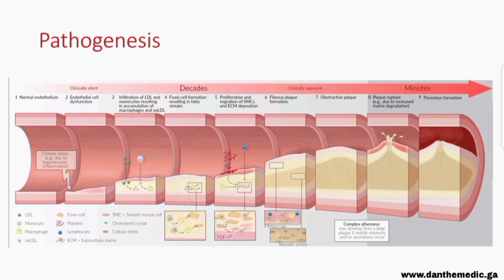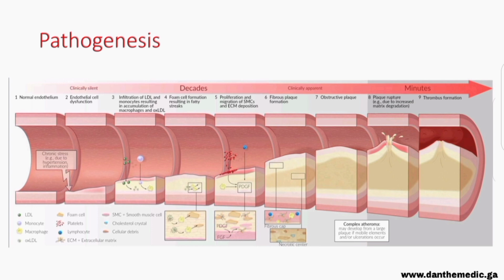So the inflammatory cells in the atheroma secrete matrix metalloproteinases. And these metalloproteinases cause weakening of the fibrous cap of this plaque. And this weakening is due to the breakdown of the extracellular matrix. So minor stress can rupture this fibrous cap. And then also there's calcification of the intima.